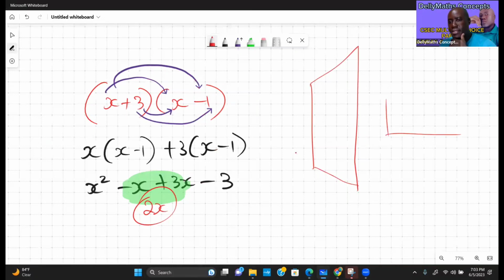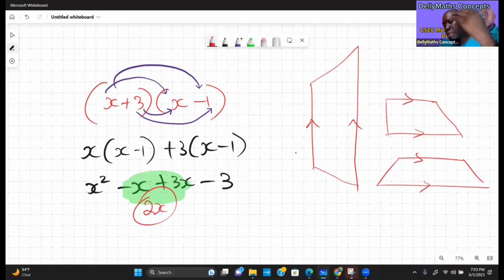It may look like this. It may look like this. But long and short, you're going to have 2 sides that are parallel. Always. The concept of finding the area is that we say, let us call that one A, call this one B, and call this H.